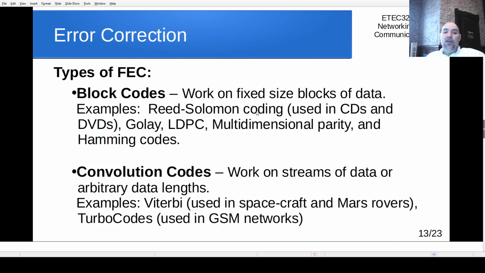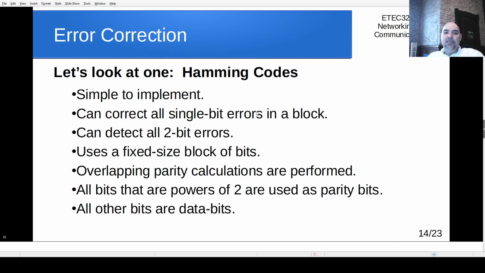Also there's something called turbo codes that are used in mobile network communication. But those work on a stream of data or an arbitrary length of data. In other words, they don't require the fixed block size that the block codes do. So you can embed the forward error correcting code with the stream of constant data rather than on blocks of arbitrary sizes.